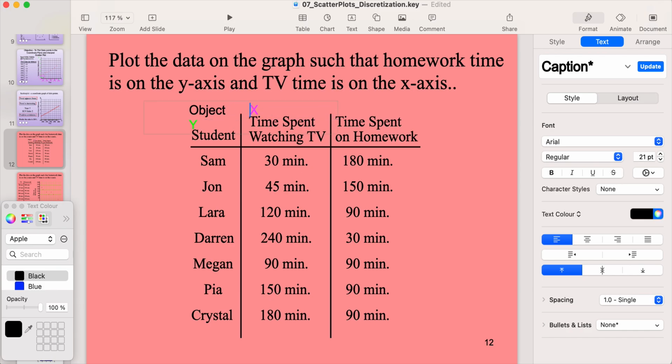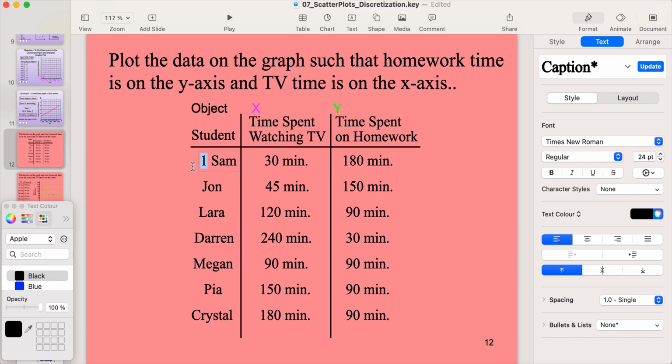And there we have the x is here and y is here. So for the first object, let's say this is object number 1.